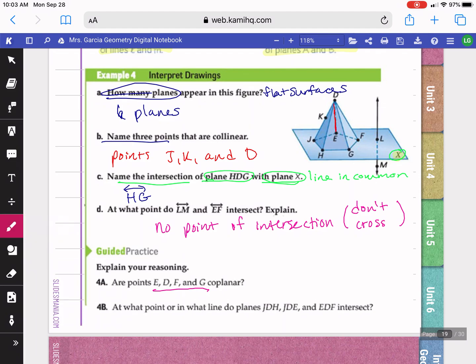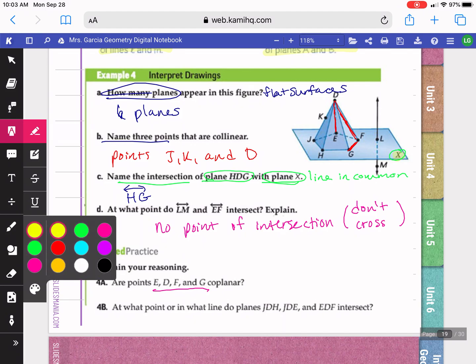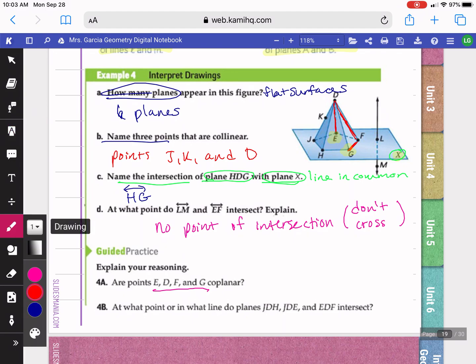So if you look, E, D, and F are part of the same triangle there, G is part of the same triangle as D and F. But if you look at G and E, they're only part of the bottom pentagon. So all 4 of those points aren't part of the same side of that figure. So since all 4 are not part of the same side, then they're not coplanar.